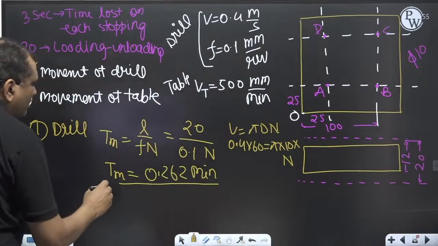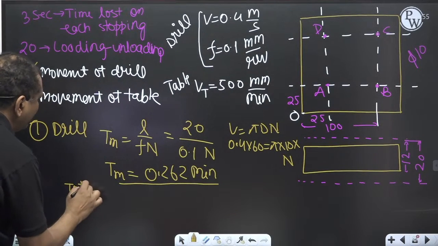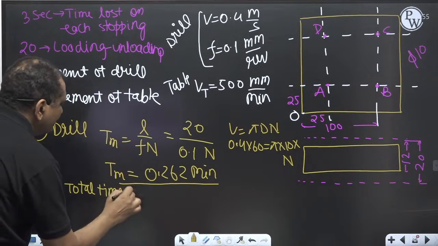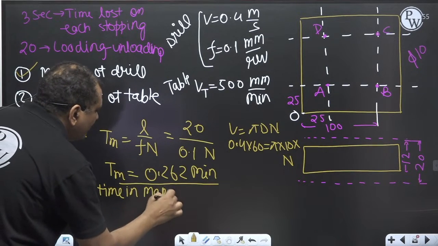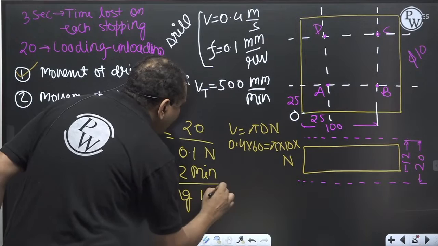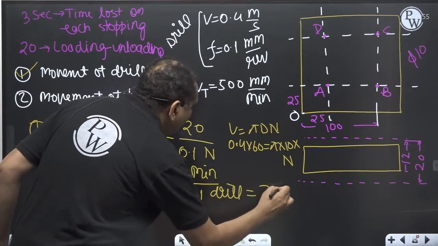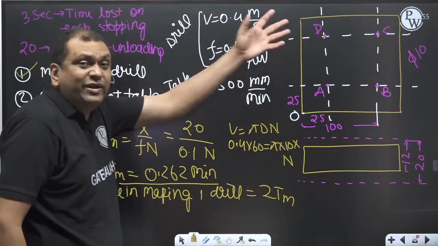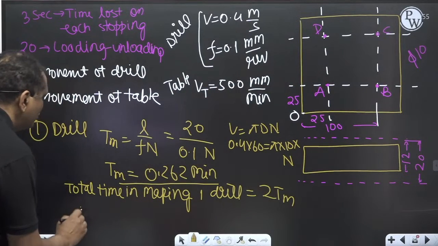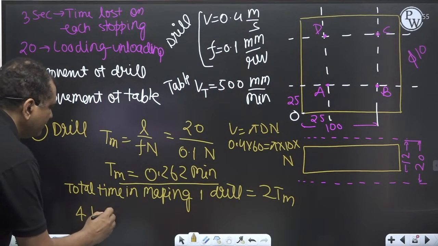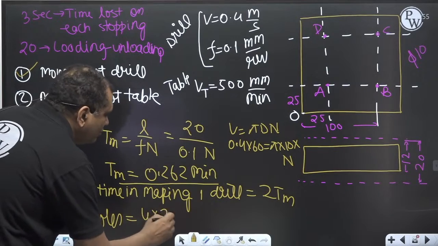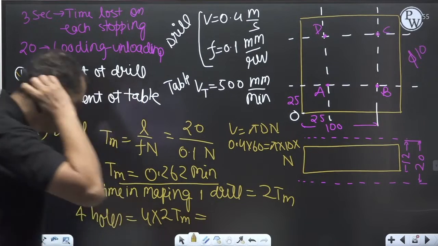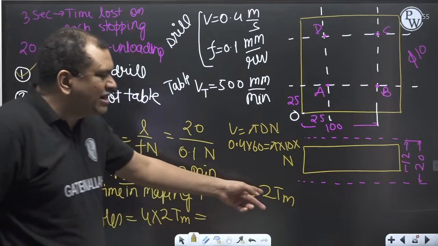So total time in making one hole is nothing but 2 Tm. But we have to make 4 holes. So time for making 4 holes will be 4 into 2 Tm. Why have I multiplied by 2?